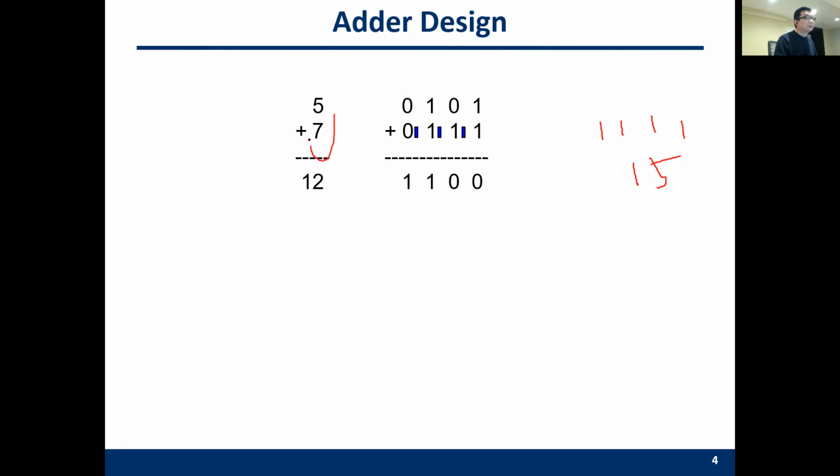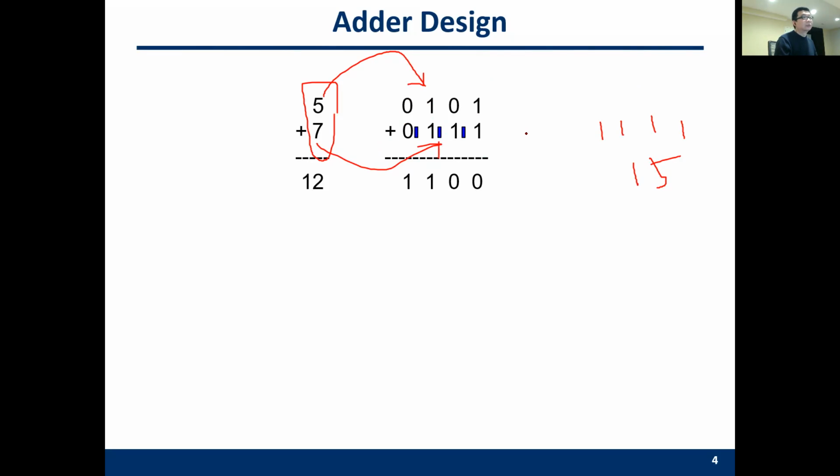So these two decimal numbers can be added by a 4-bit adder. And then we need to convert these decimal numbers to their binary representation, which is 1, 0, 1 for 5, and 7 will be 0, 1, 1, 1.